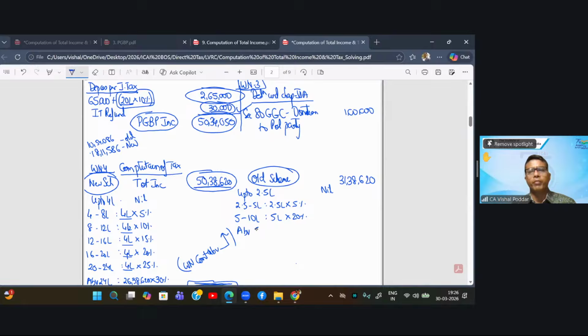And directly above 5 lakhs. Above 5 lakhs, how much is above 5 lakhs? So 31, 38, 620, right? 31, 38, 620. From this, when you subtract 5 lakhs, how much will you get?